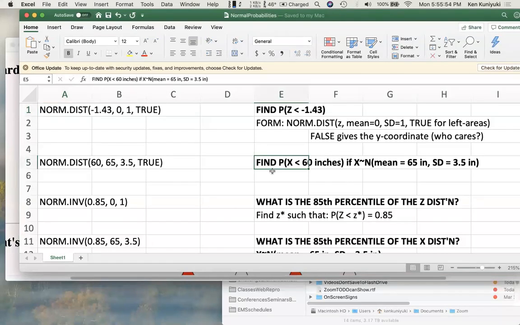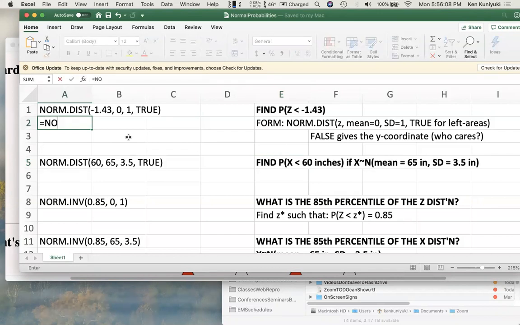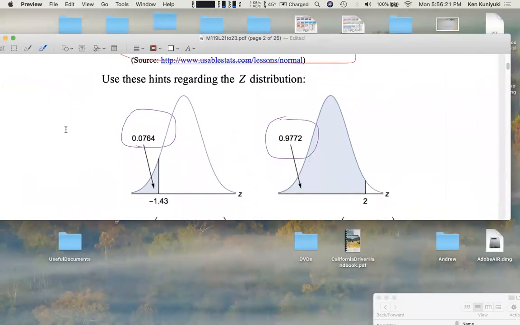Now we could convert to z-scores, and then this will confirm what we got from the website, norm.dist. The z-score of negative 1.43, if we look to the left, that probability is about 0.0764, which is confirmed by the picture over here.